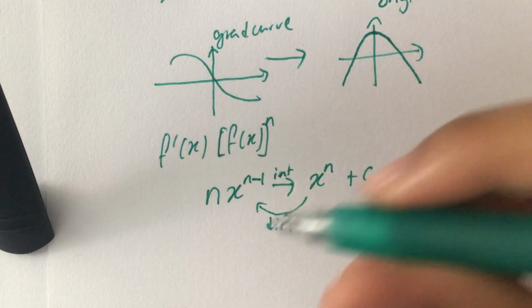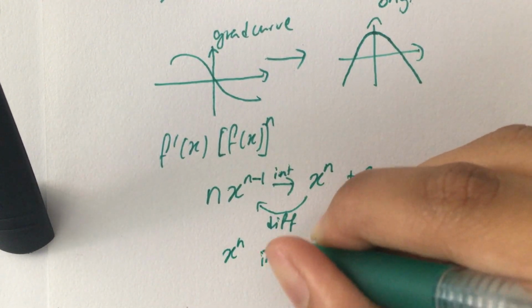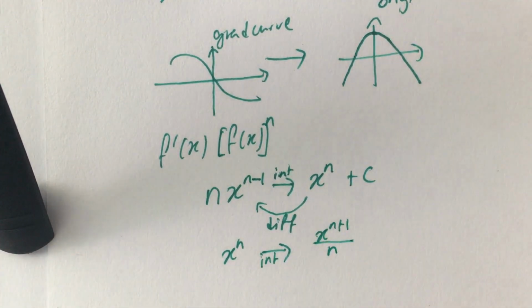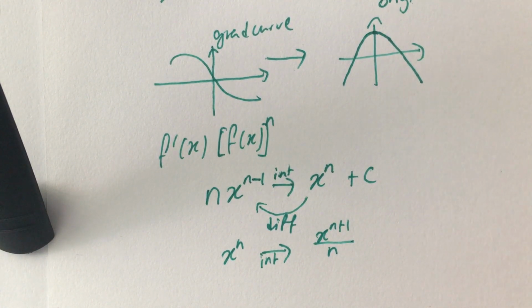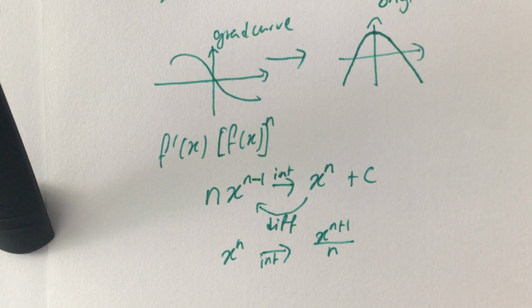For example, if it's x to the power of 3, you divide it by 4. If it's x to the power of 7, you divide it by 8. If it's x to the power of 5, you divide it by 6. You get the point. You increase the power of x, so x cubed becomes x to the power of 4, and so forth. That's how you integrate the term.